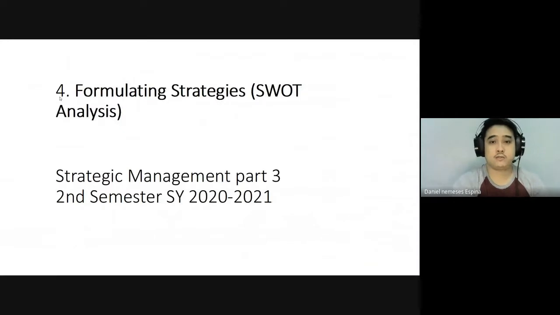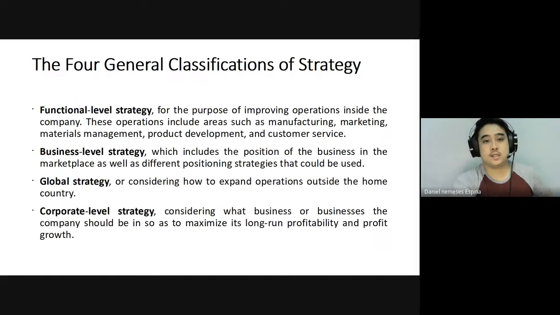Okay, so stage 4 or step 4 is formulating the strategies. So we can formulate strategies with the help of the SWOT analysis.